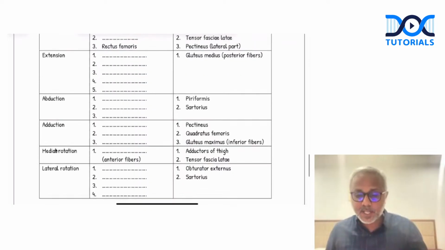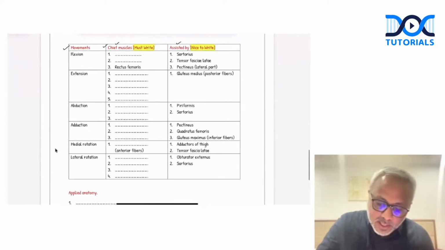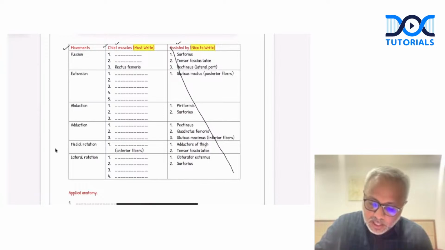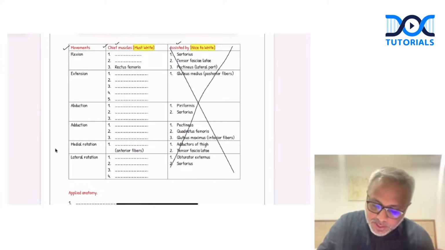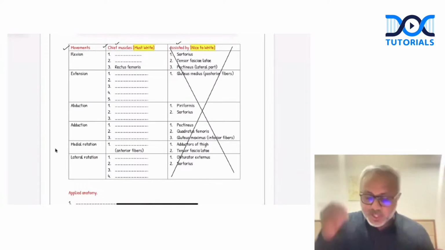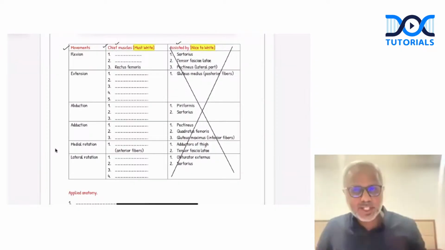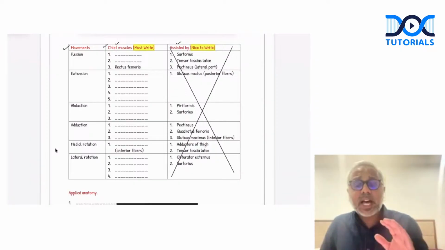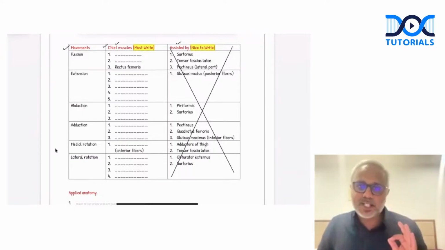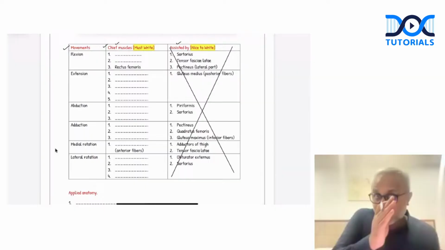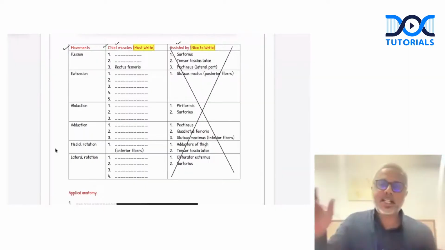Otherwise, you need not worry at all about the accessory muscle group. When you study for your exams, don't worry about the accessory muscles. Please always focus on the chief muscles, right? So two columns, movement and then the muscles.